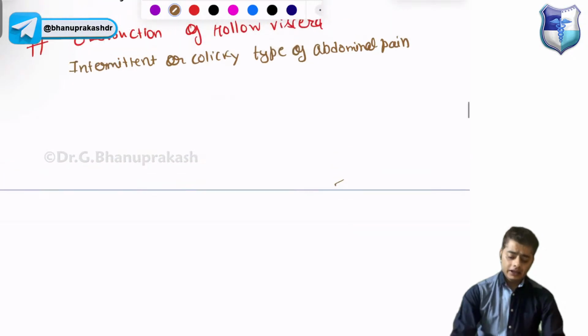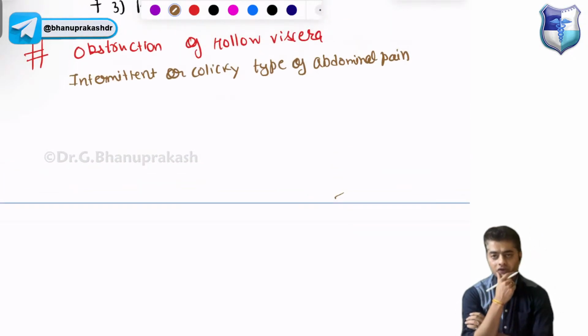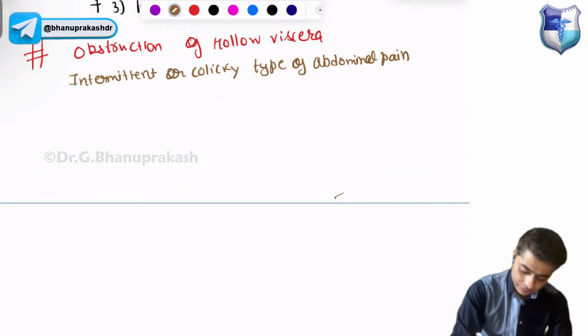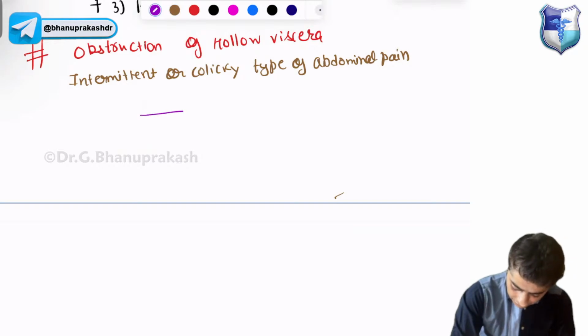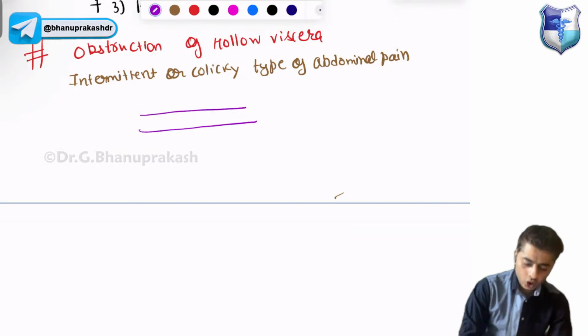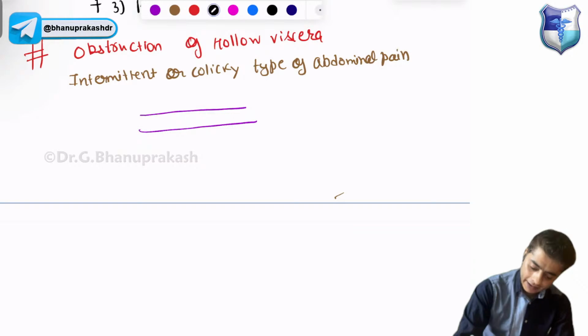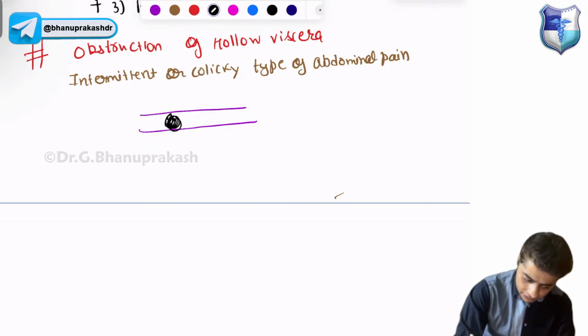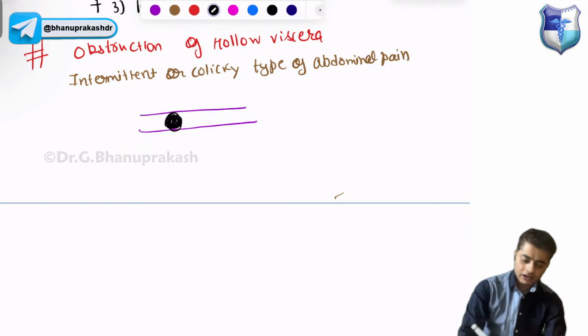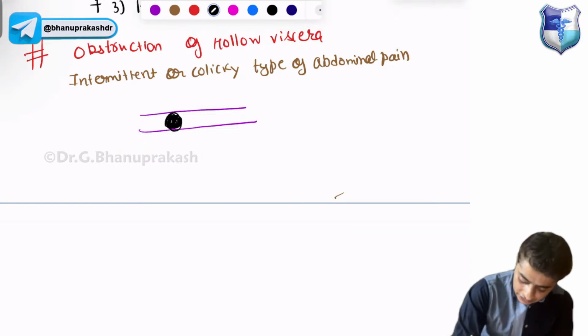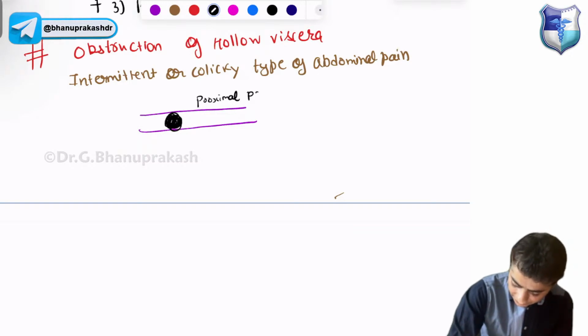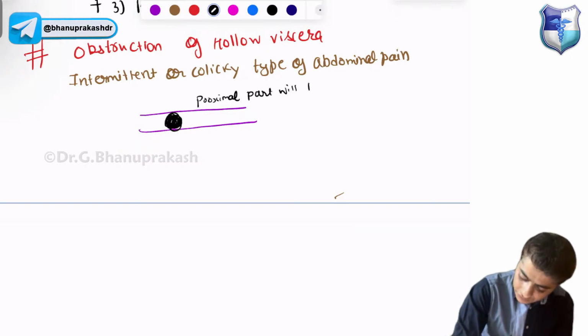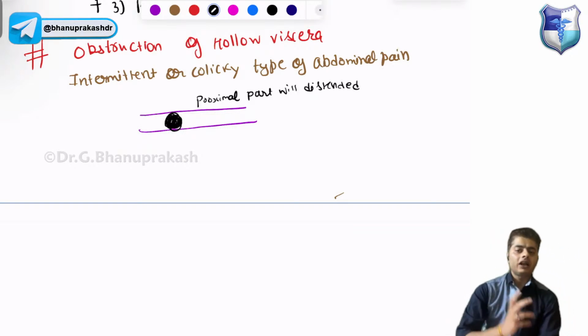Now, the pain due to obstruction of hollow viscera has something classical about it. Suppose this is your hollow viscera, and if there is a stone here, then due to this obstruction the proximal part will distend after some time. What happens due to distension?